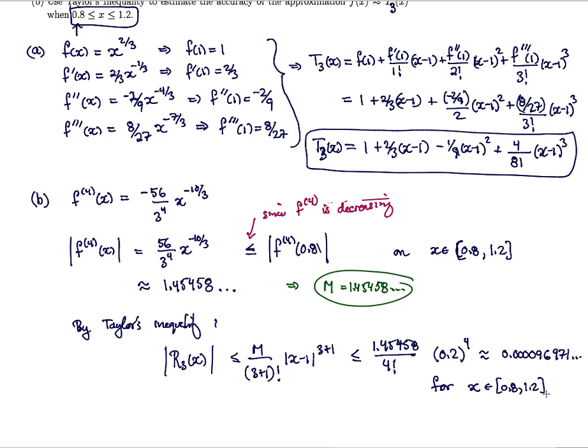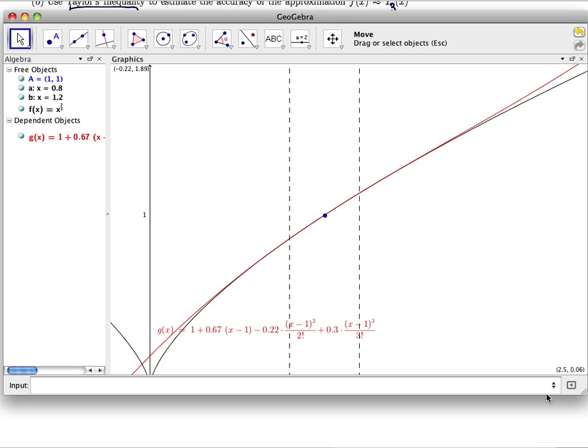Okay, so let's again look back at our sketch. What we just found was that the red curve, the Taylor polynomial, and the black curve, our function, are pretty close. How close are they? Well, in this interval, the red curve and the black curve are within 0.00097 of each other.